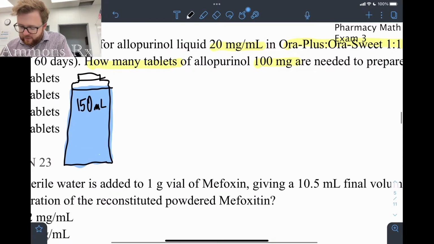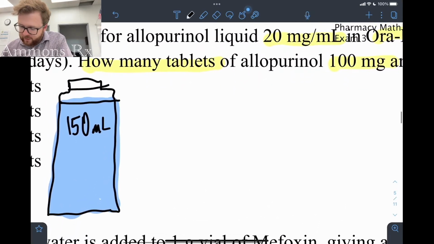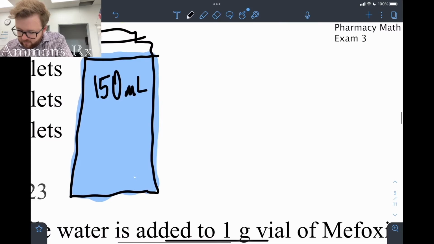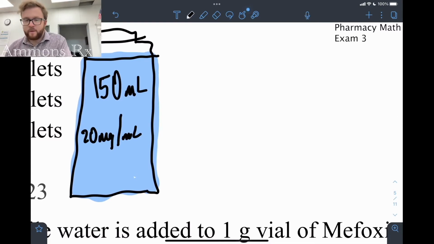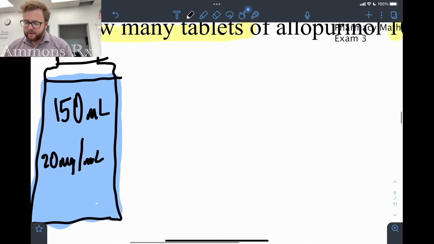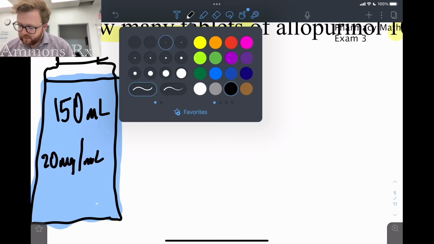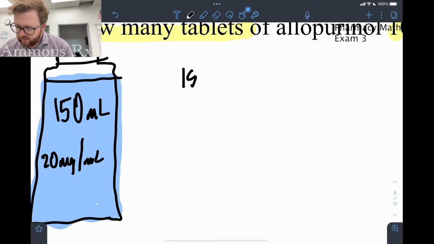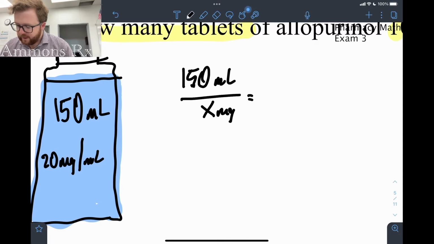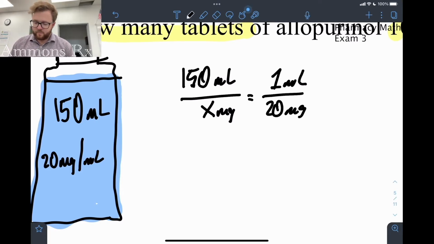In that solution, it's going to be what strength? 20 milligrams per mil. So that means every single milliliter of that 150 mils has 20 milligrams of the allopurinol. So by calculation, you can do 150 mils contains how many milligrams? If there are 20 milligrams in every single mil.